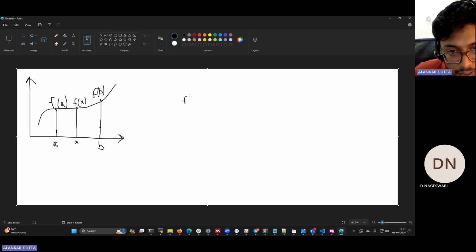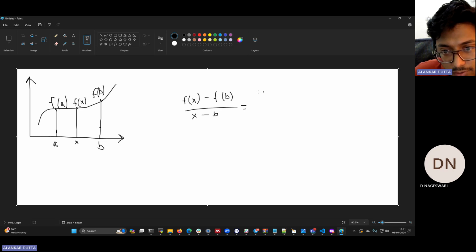So you can write f of x minus f of B, divided by x minus B, and this must equal f of A minus f of B, divided by A minus B. We will come to a more generalized form of Lagrange polynomials later on as we go through the later questions.